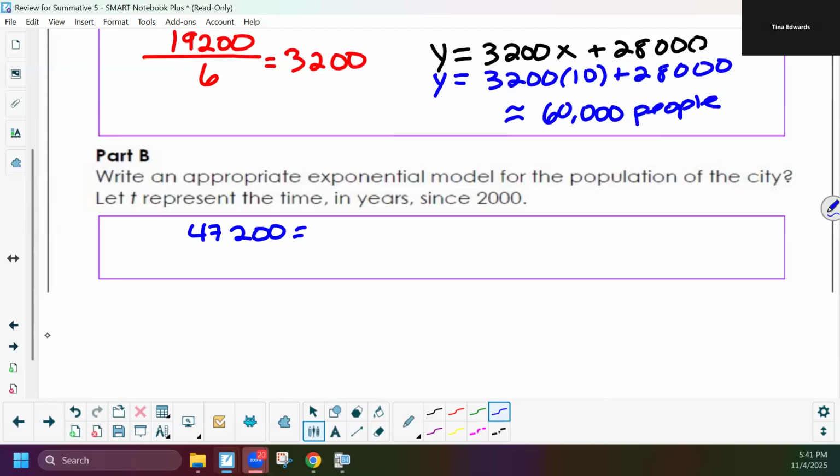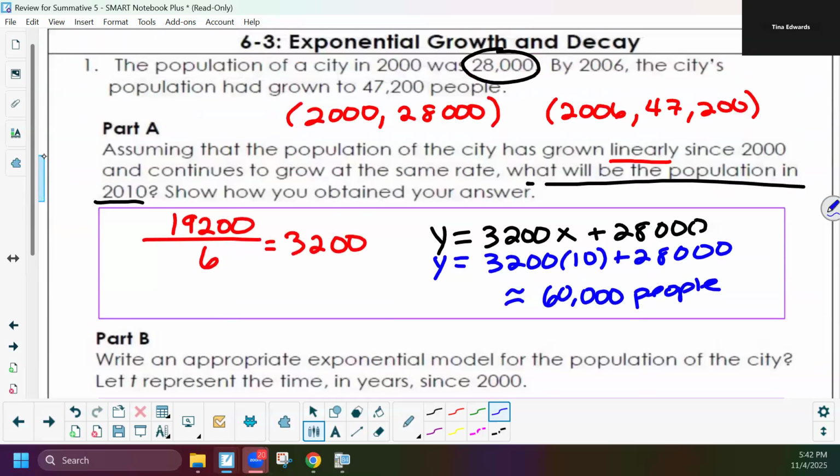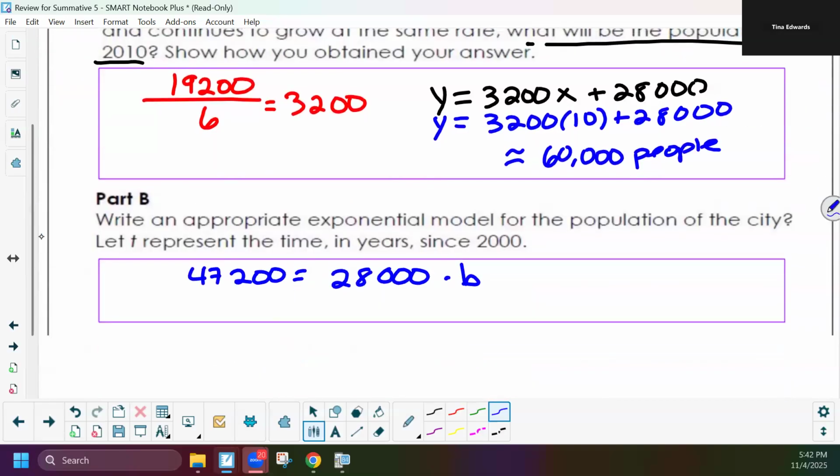Our initial amount we started with was 28,000 people. We don't know the growth rate at all. So I'm just going to put B in there because we're not sure what the growth rate is. But we know it says time since 2000. Okay. Well, we were talking about a period of 6 years here, right? From 2006 to 2000. So that is to the sixth power.